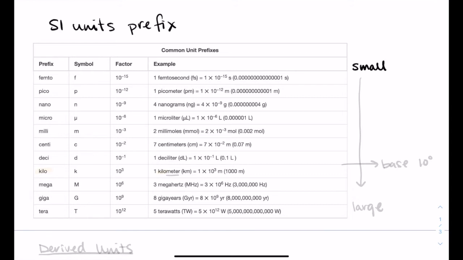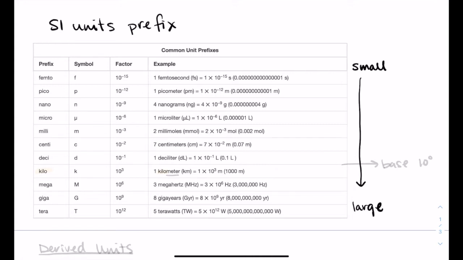So if you have questions or concerns about scientific notation, you should let me know and I can recommend some practice problems. We're starting with 10 to the minus 15 at the top. That's really, really small. And then as we go down the table, we're going to 10 to the 12th, which is really, really large.